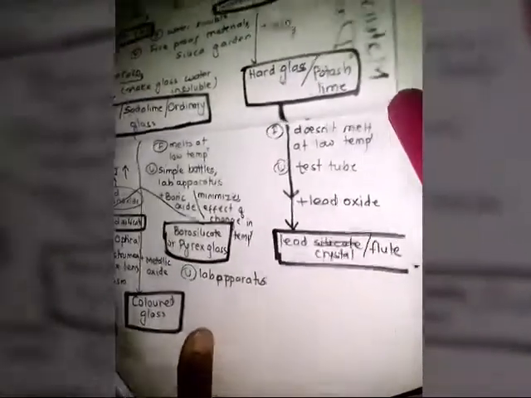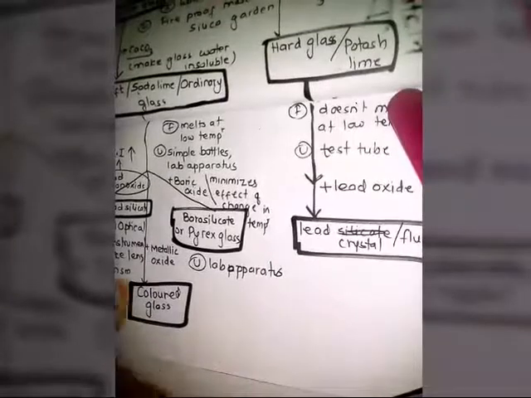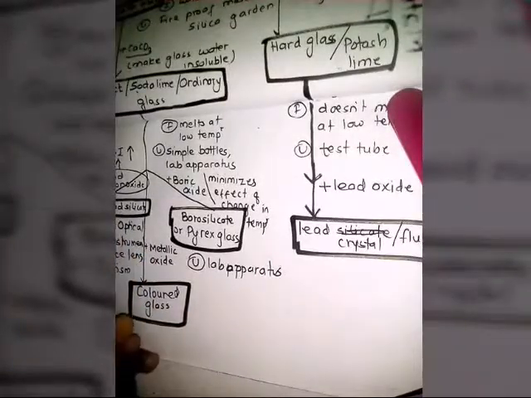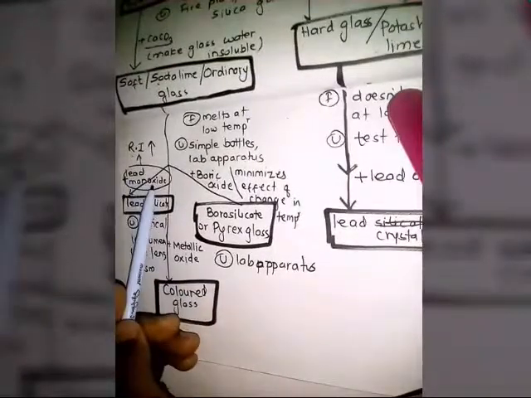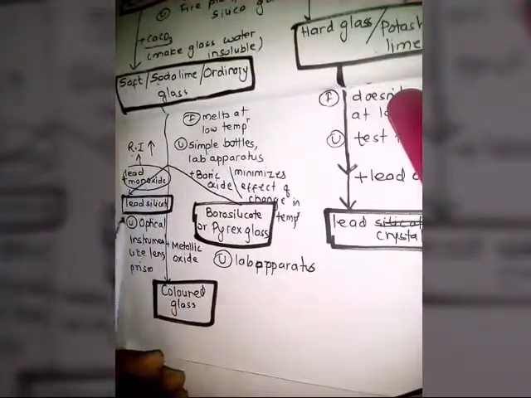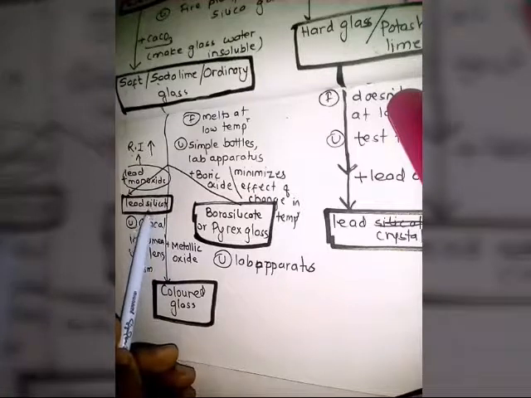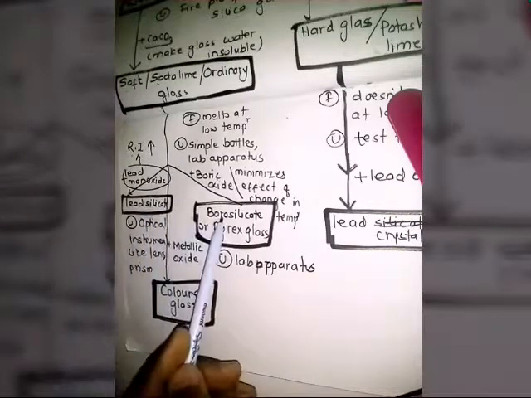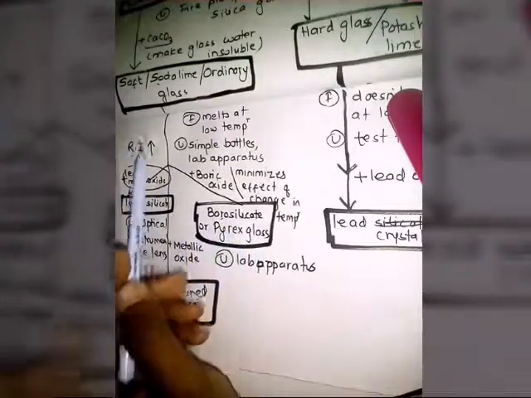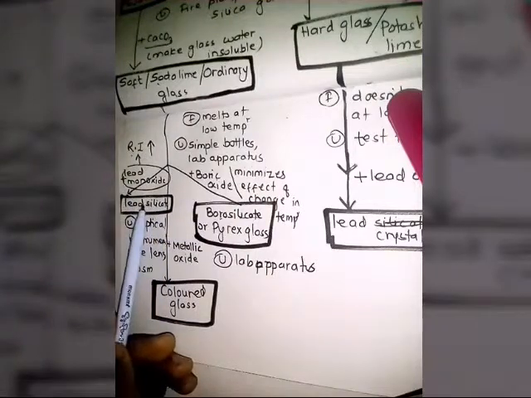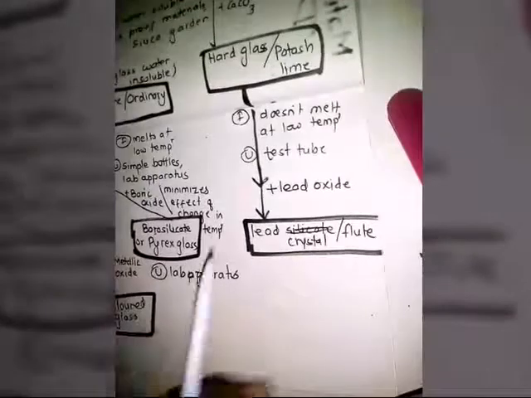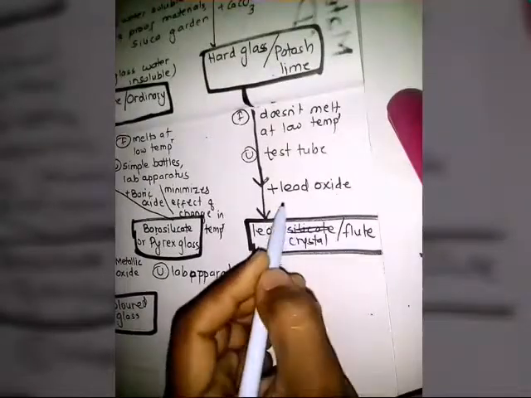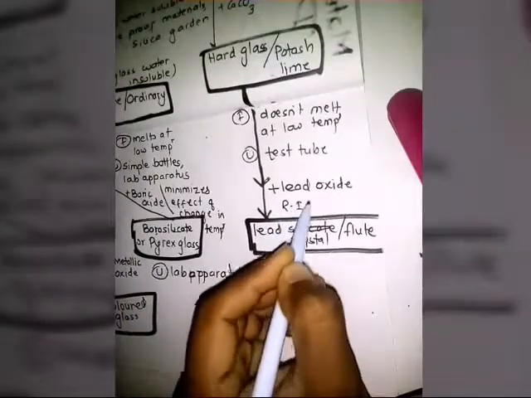So if you compare, over here on the sodium side, there's a similar ingredient, lead monoxide. When we add lead monoxide, we get lead silicate glass. Similarly, when we add lead monoxide, it will also increase the refractive index.